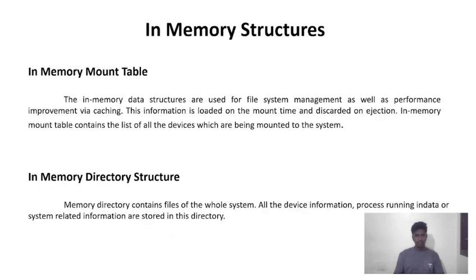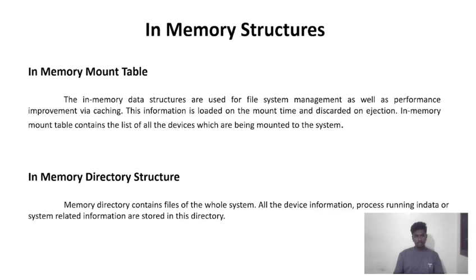In-memory structure, in-memory mount table. These in-memory data structures are used for file system management as well as performance improvement via caching. This information is loaded at mount time and discarded on ejection.